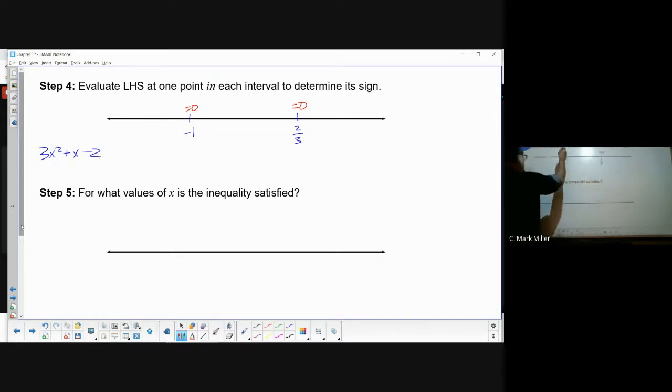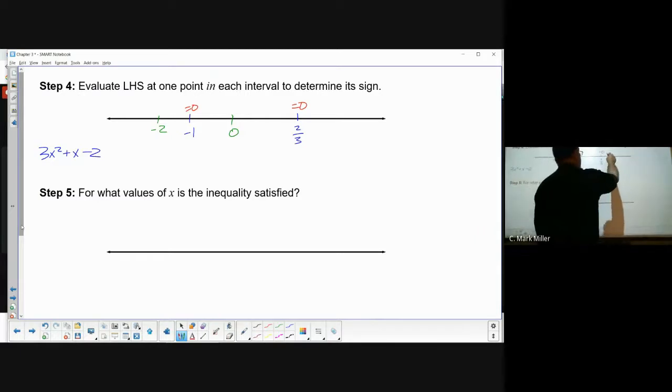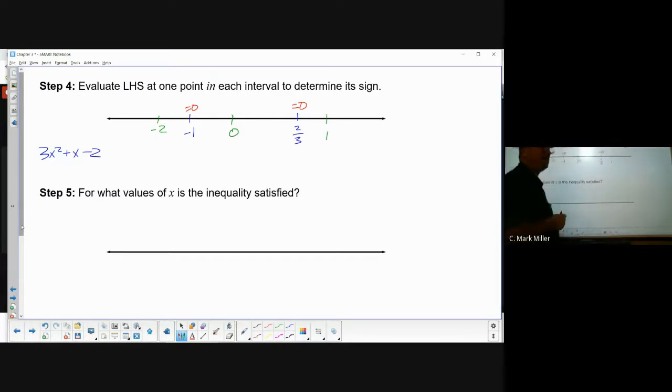Let's say we pick minus 2. Always pick 0 because it's easy to plug in if it's inside the interval. If 0 is one of the endpoints, you can't pick 0 because you already know that equals 0 there. And then up here, you're going to pick, say, 1. We're going to plug those into this expression and see its sign. Gotta look for the signs, right? Very important.